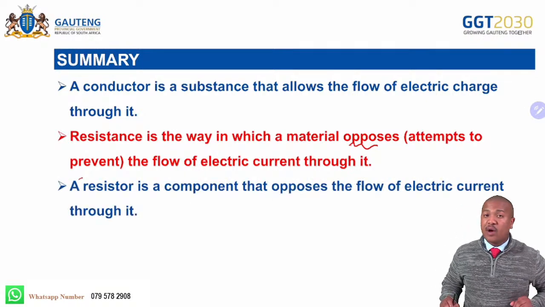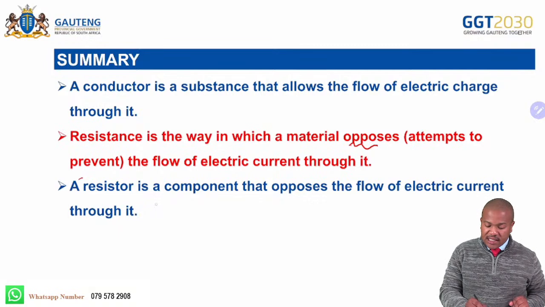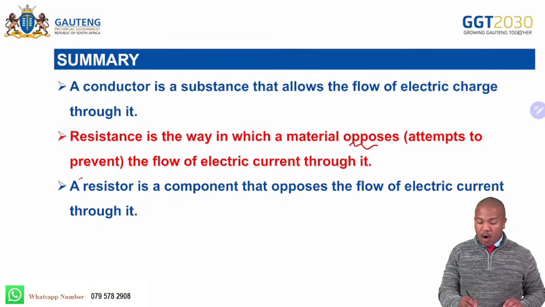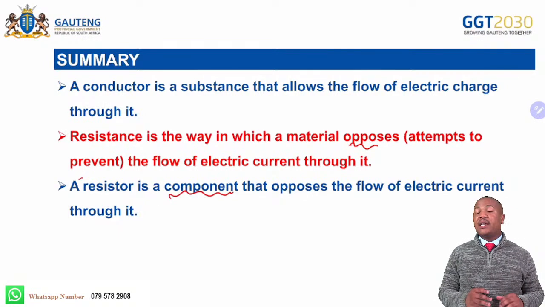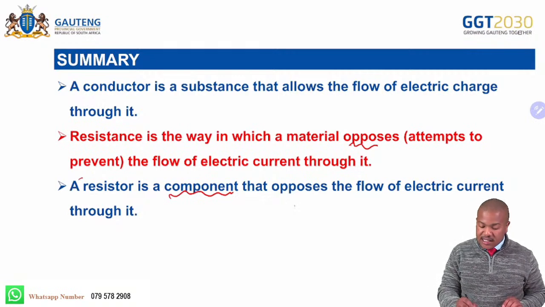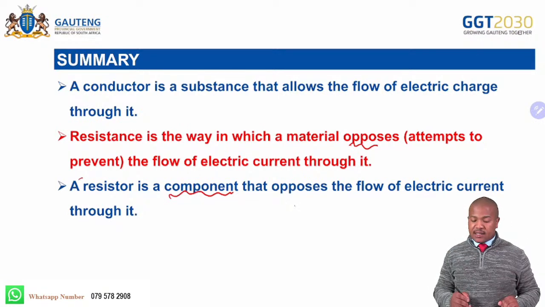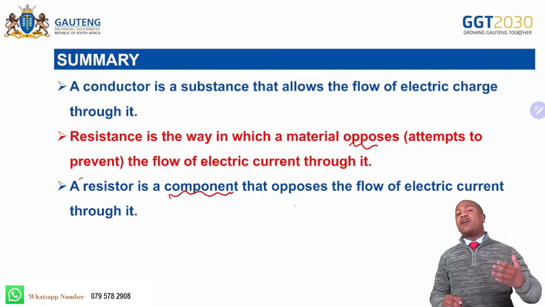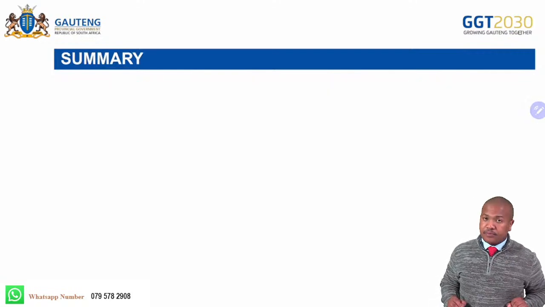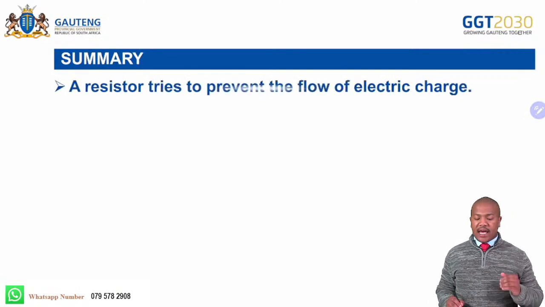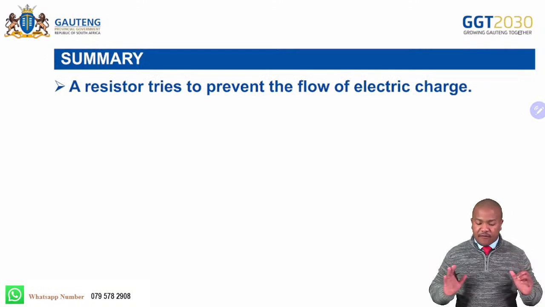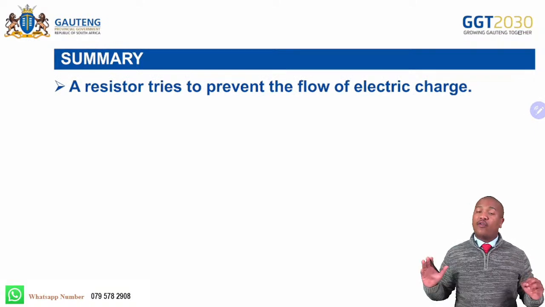And we talked about a resistor. We said that a resistor is a component or a part in an electric circuit that offers resistance. It opposes the flow of current through it. And we also talked about a resistor trying to prevent the flow of electric charge.